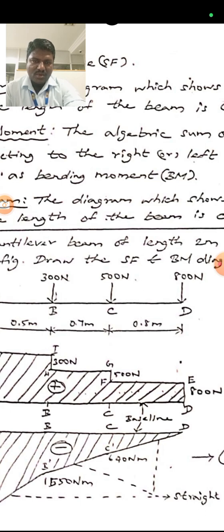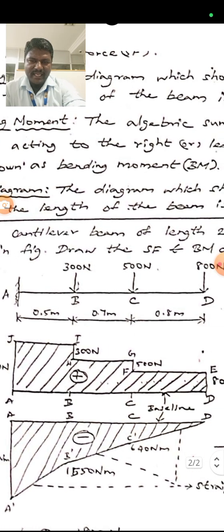So the load is 800 and the perpendicular distance is 1.5 meter. The second load is 500 and the perpendicular distance is 0.7. Same downward direction, so the rotation is clockwise and negative.